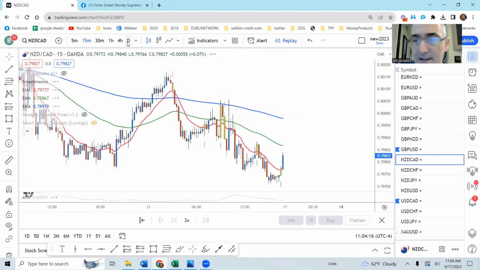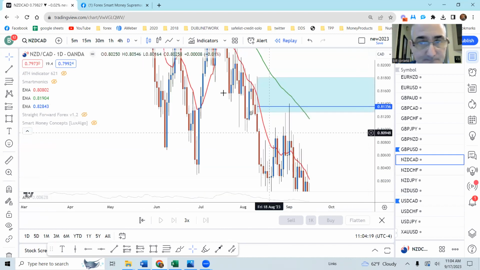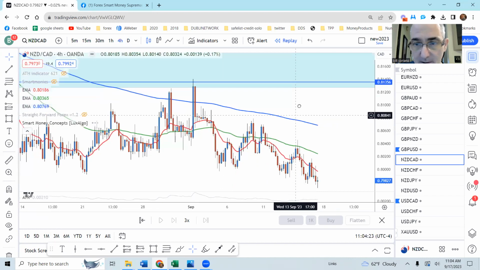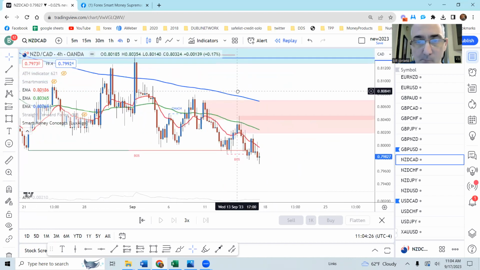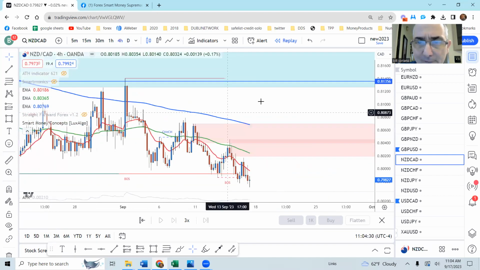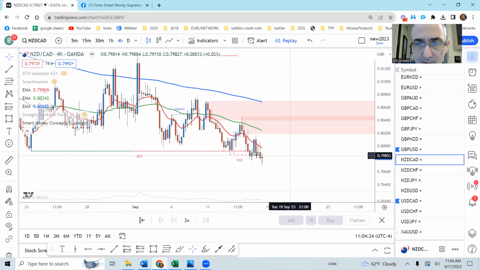Okay, this is NZD CAD, which is bearish right now. Looks like we have a 4-hour order block marked up. No, looks like that was hit. Well, let's do this. Let's remove the drawings here. And so now we have a new area here.